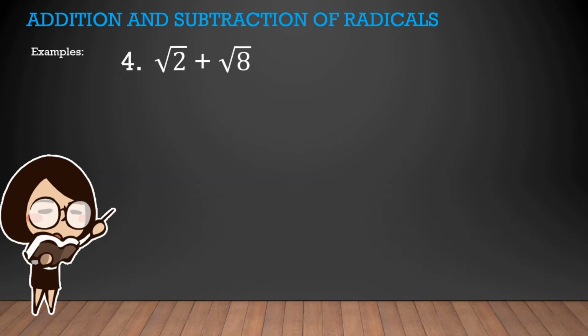Okay, our next example, square root of 2 plus square root of 8. So, copy the square root of 2 plus, again, we need to get the factors of 8. So, the factors of 8 are 4 and 2. So, 4 times 2 is 8. Then, we need to get the square root of 4 because 4 is a perfect square.